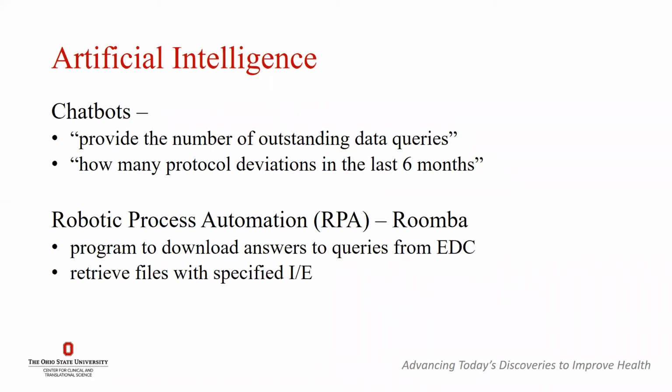So I'm going to take a few moments to go through some of the different forms of artificial intelligence. This is not something that you need to know about in the sense that you are going to use it every day as a clinical coordinator or professional. But these are things to be aware of and to start utilizing and thinking about in your everyday settings.